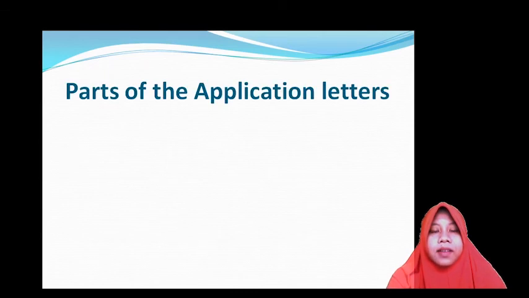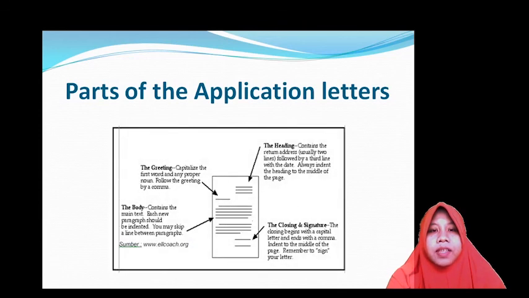And then I will explain about the parts of the application letter. Yes, you can see the pictures. You can put each part of the application letter in here. For the first, the heading.